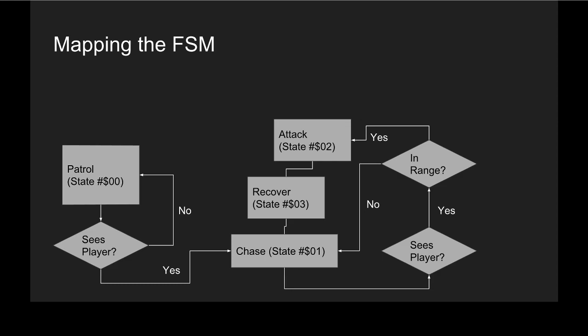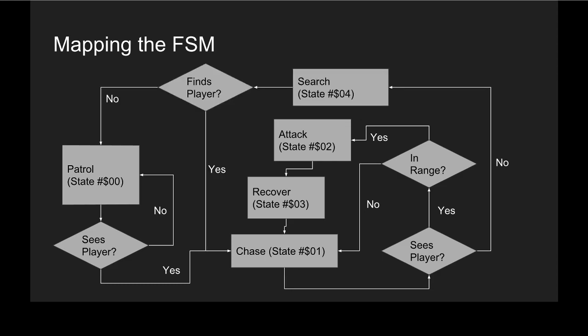If the player isn't in range, then we go back to chase. We move closer so that we can hit the player. If we don't see the player anymore, though, we go into the search state. If they find the player, they go back to chase. If they eventually run out of time and give up on finding the player, they end up back in patrol.